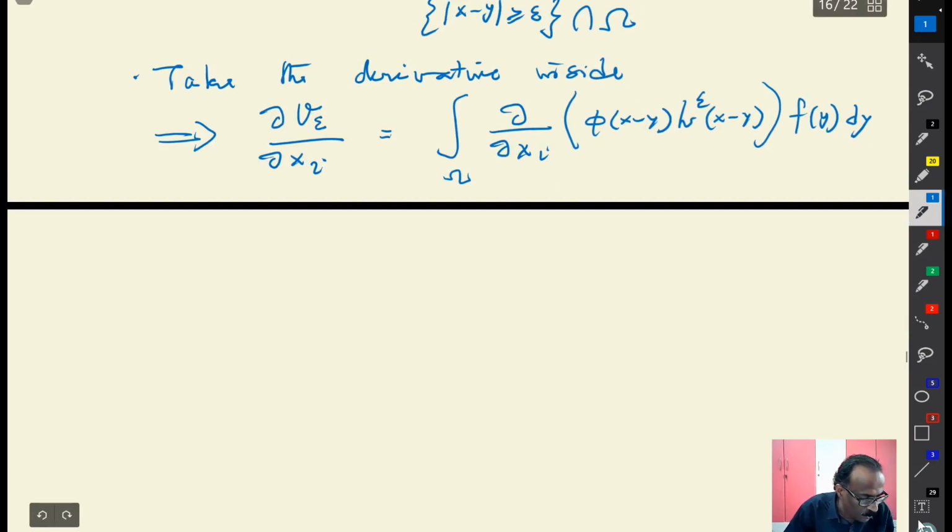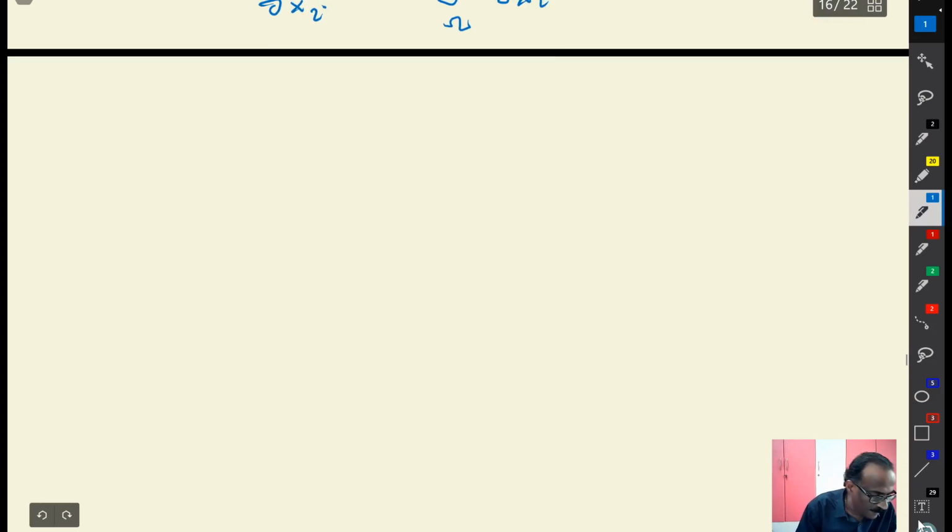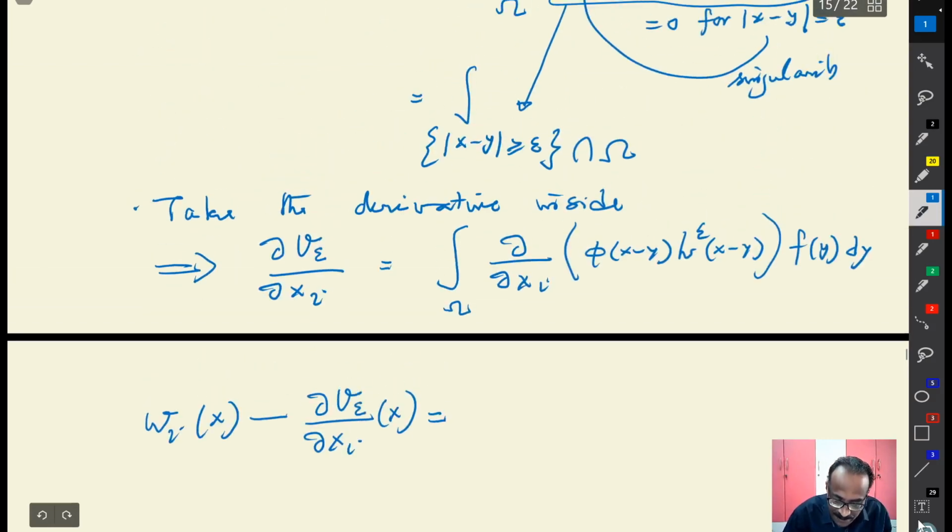So I want to compute now wi of x minus dv by dxi of x. As I said, in the neighborhood mod x minus y less than or equal to epsilon there is no problem, so it's basically the integral over mod x minus y greater than or equal to epsilon.